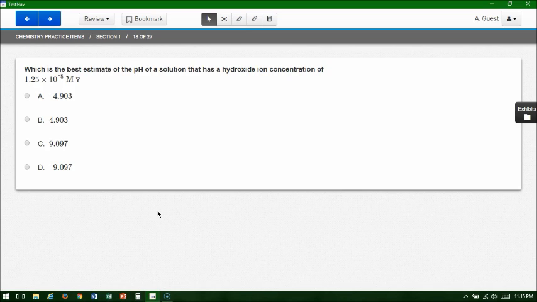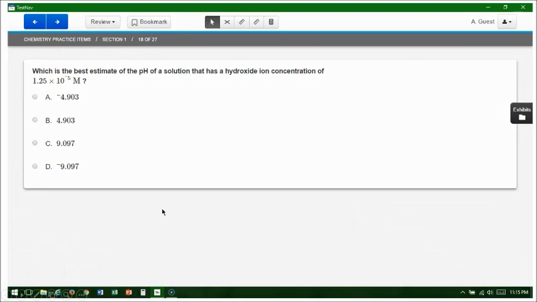And then we do 14 minus the pOH value to get us the pH. So we're going to pick up our calculator and do the following math. We take the negative logarithm, that's the log base 10 of the number 1.25 times 10 to the negative 5. If we do this on our calculator, we get that the pOH is 4.903, but that's not the correct answer.